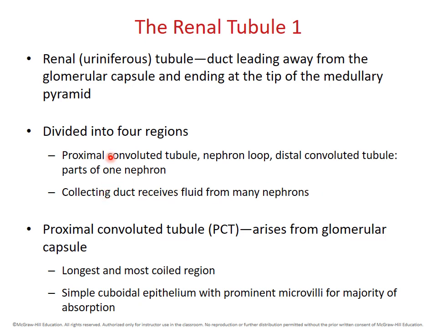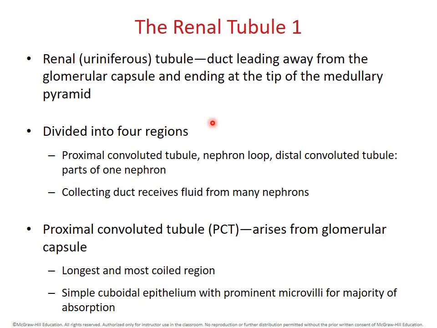So we say that the nephron is divided into 4 regions, but really a single nephron has only 3 parts to it, and then multiple nephrons combine to form that 4th part, which is the collecting duct. And I will show you a picture of this in a few slides.